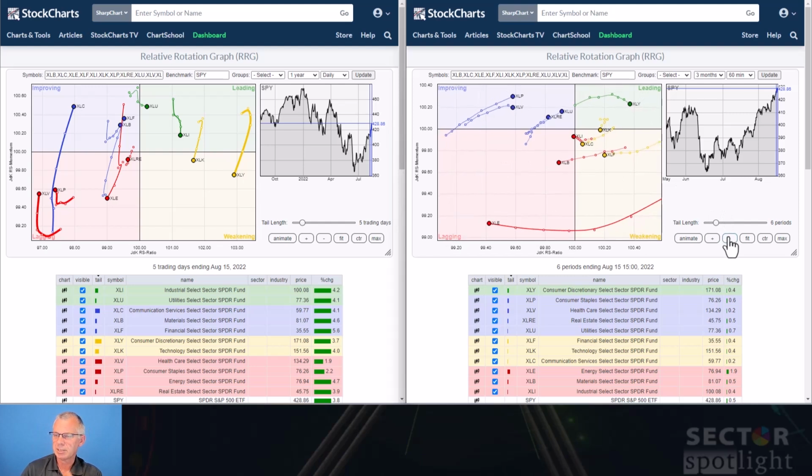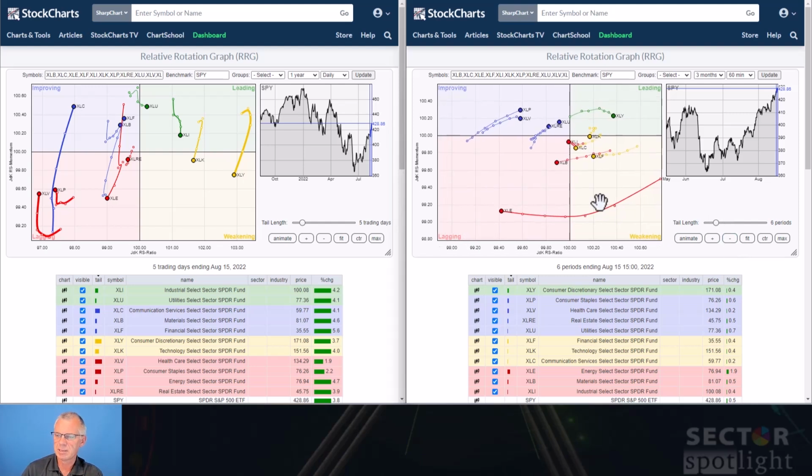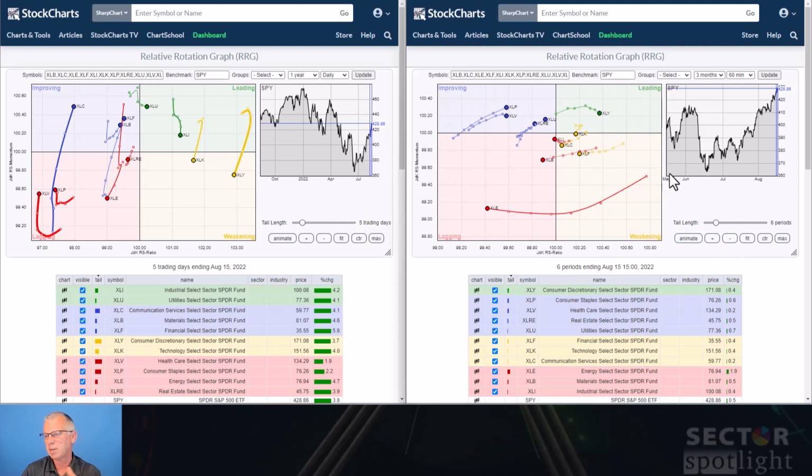And it's quite interesting because it looks like a normal RRG. If you didn't know it was a 60-minute chart, you probably would never have guessed that you're looking at an hourly RRG. So in that sense, it's the same as regular charts.